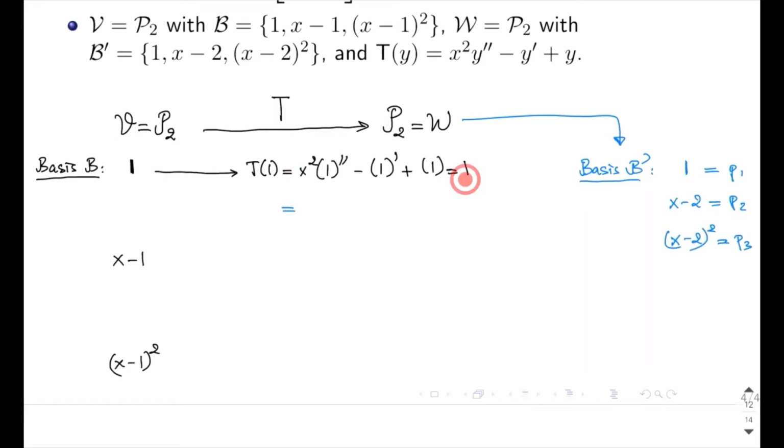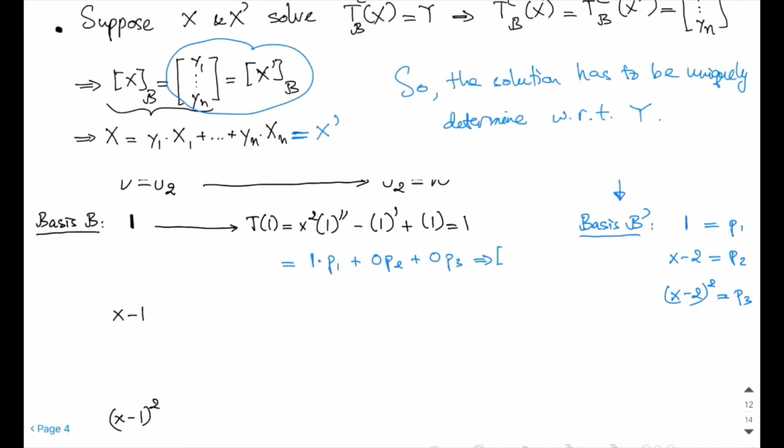Because this is the number 1, we are going to have 1 times P1 plus 0 P2 plus 0 P3. And so this immediately implies that the coordinate of T of 1 with respect to B prime is going to be 1, 0, 0. And this is going to be identified as the first column for the matrix M that we are looking for.